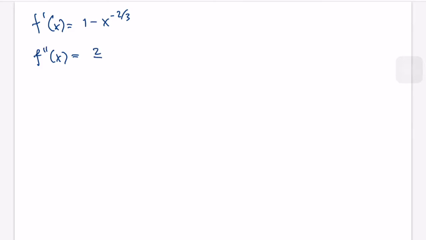It becomes 2/3. X is -1, so it should be -5/3. Okay, I think the one that makes it 0 is x equals 0, so it should be probably the inflection point.